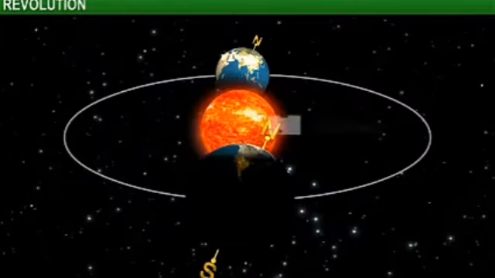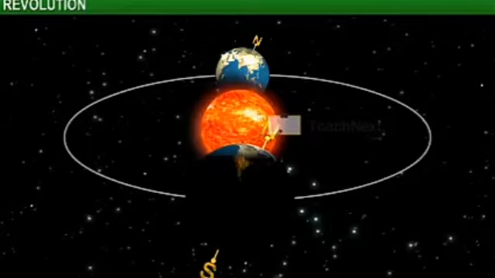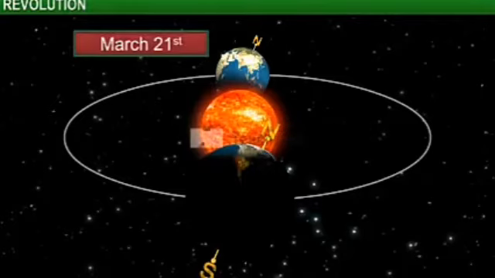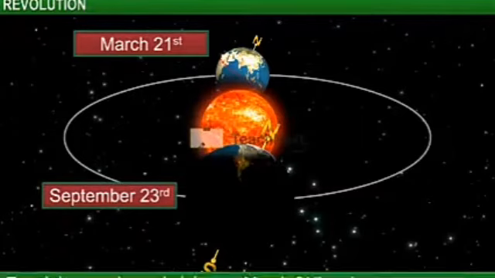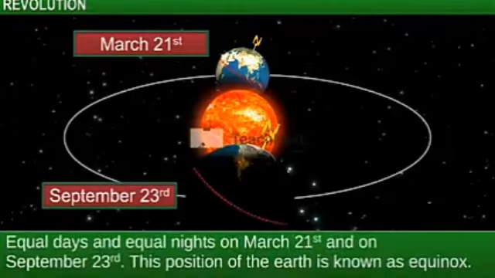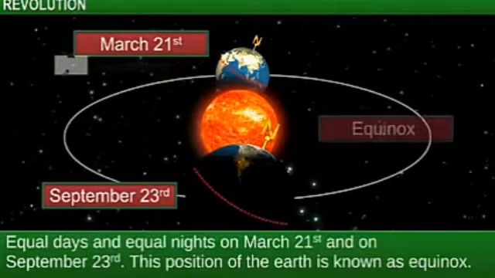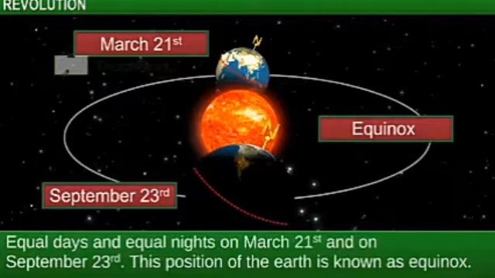During its orbit, there are times when neither of the Earth's poles is inclined towards the Sun. Thus, on two occasions, March 21st and September 23rd, sunlight falls directly on the equator. This position of the Earth is called an equinox.